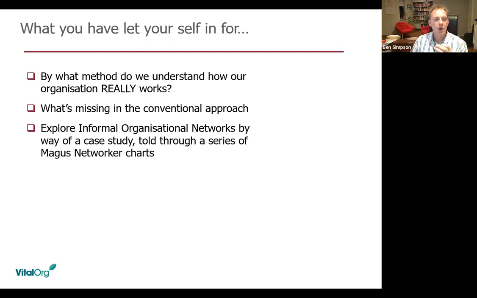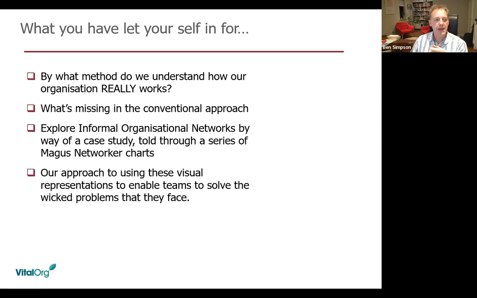We're going to be able to explore some organizational networks by way of a case study using the charts that Networker produces. And we're also going to be talking a bit about our approach and how we typically work with our clients' teams to use those charts in a way that supports them to address their challenges for themselves.